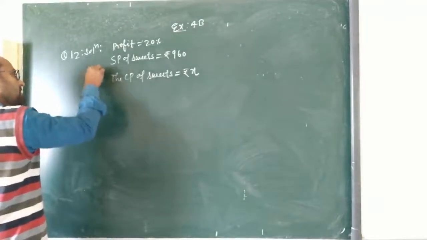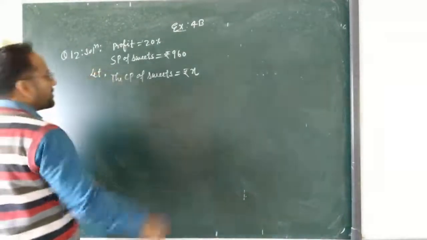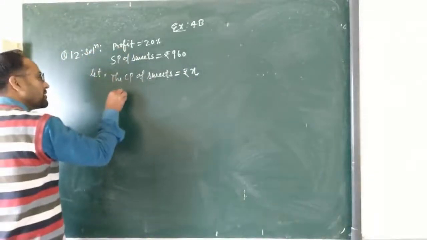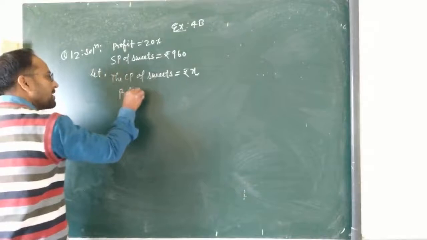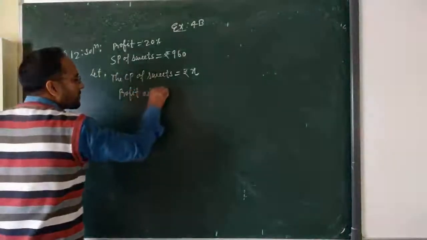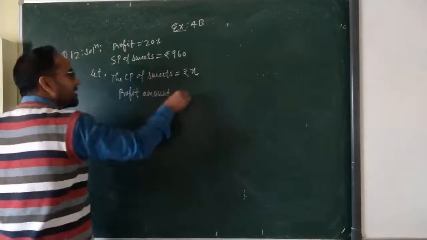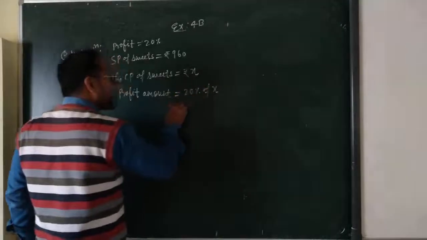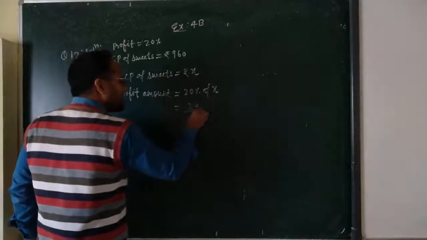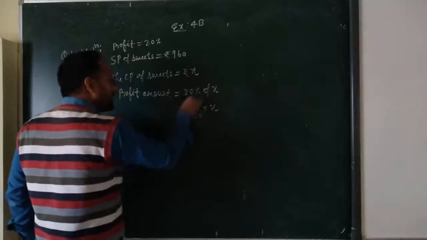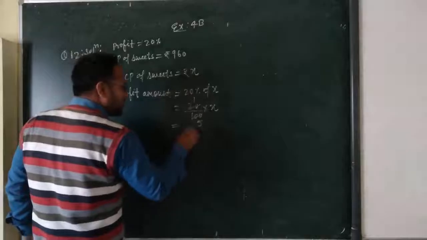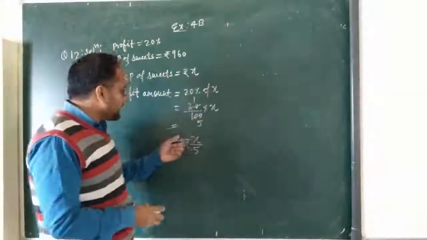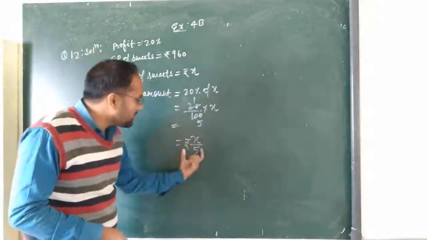Now according to the question, the profit amount is equal to 20% of X. So we get 20 upon 100 multiplied by X. 20 ones are 20, 20 fives are 100. We get X upon 5. Students, this is the profit amount, X upon 5.